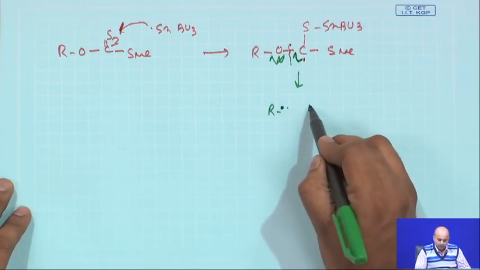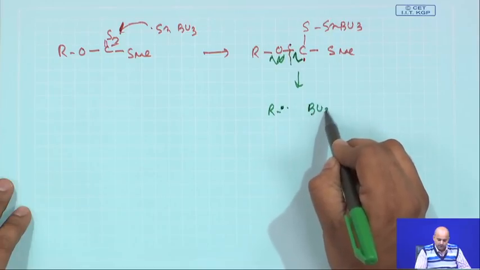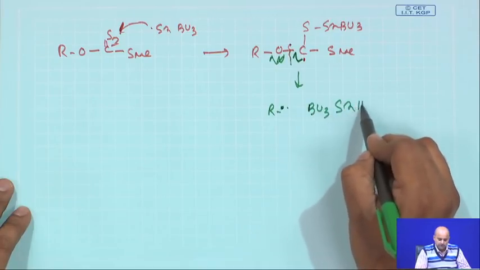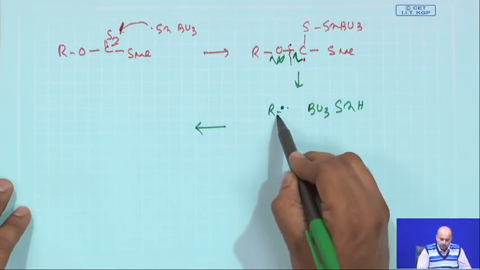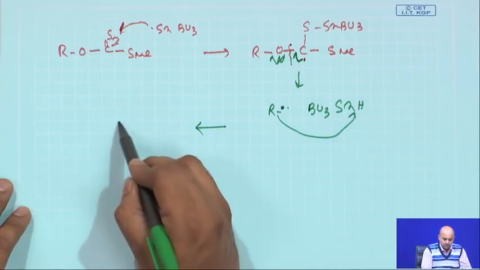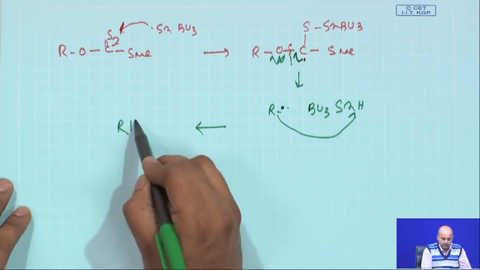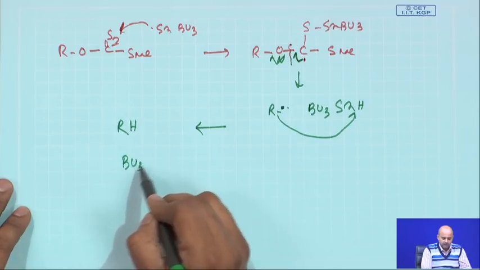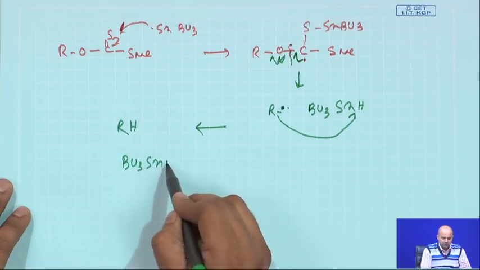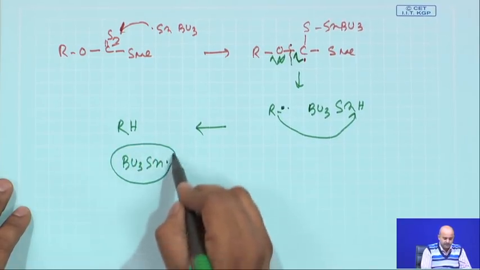Now, this R dot will get a Bu3SnH which is in the reaction mixture, and it will pick up the hydrogen from this Bu3SnH. It will give you the hydrocarbon which is required, and you get Bu3Sn dot. So, Bu3Sn dot is regenerated.